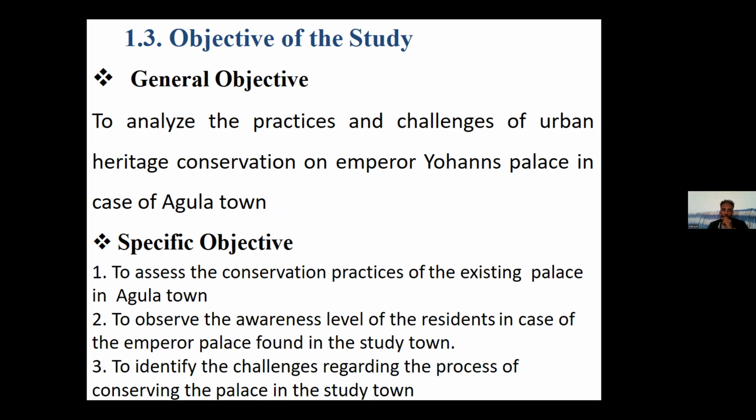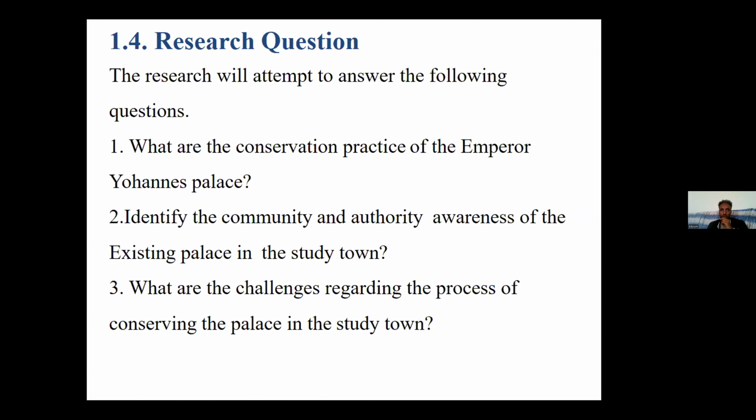And the third is to identify the challenges regarding the process of conserving the palace: what challenges exist in preserving or conserving the site. We have research questions that are aligned with the specific objectives.